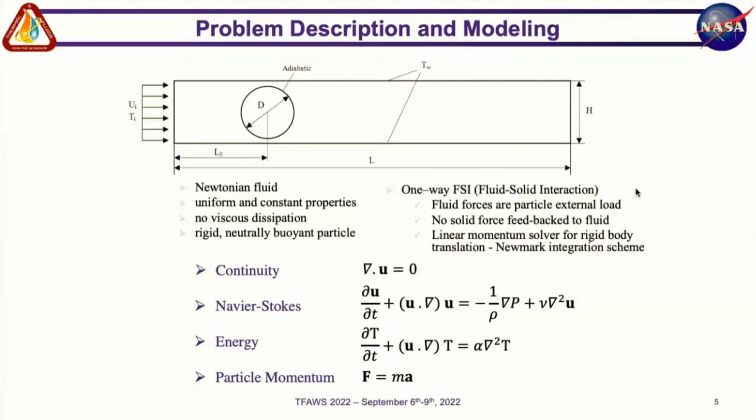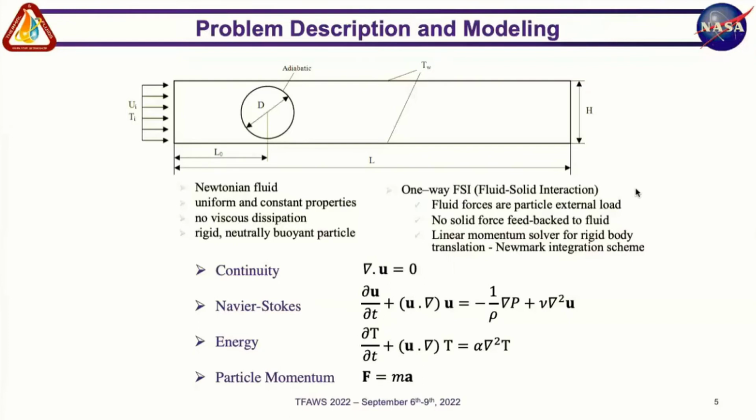Of course, the solid is an obstruction for the fluid. The fluid has to pass around the solid, but otherwise you don't have a dual interaction, a feedback interaction to the fluid. The linear momentum solver was used for the particle itself, considered a rigid body, as I said, and that is based on the Newmark integration scheme.